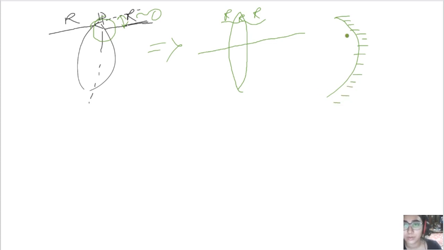When we talked about mirrors, we talked about how reflection was happening. Anyway, when light is going through one single medium, it will travel at the same speed.